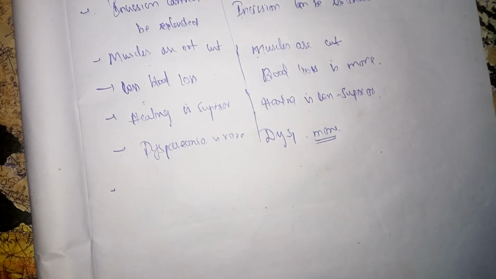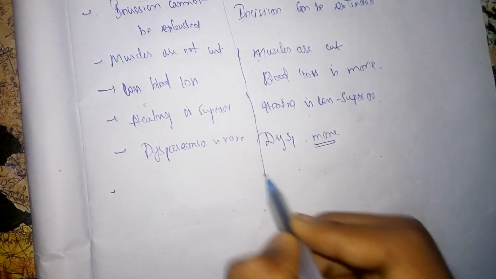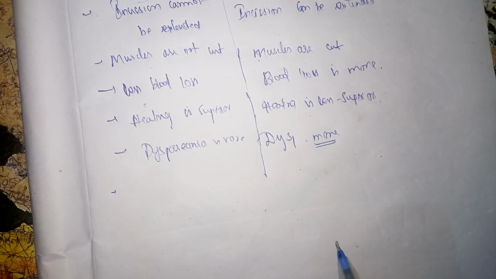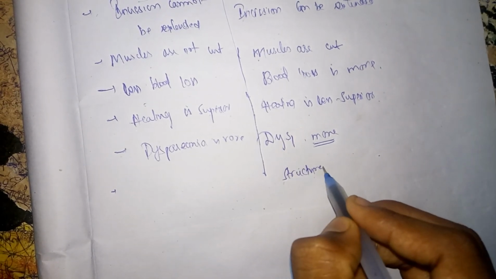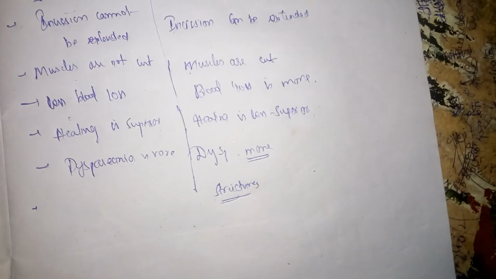A very important thing we have to remember is the structures that are cut in mediolateral episiotomy.